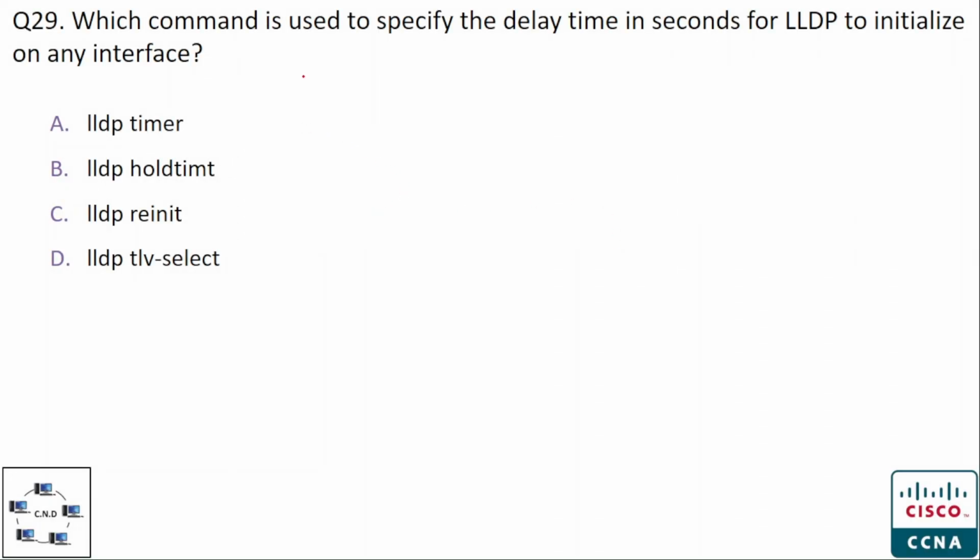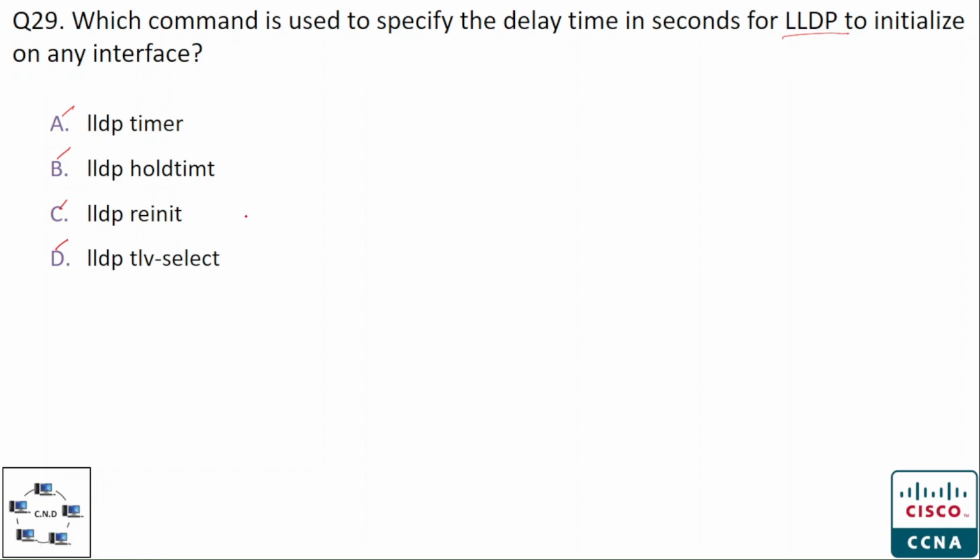Question number 29. Which command is used to specify the delay time in seconds for LLDP to initialize on any interface? And the options are: option A, LLDP timer. Option B, LLDP hold time T. Option C, LLDP re-init. And option D, LLDP TLV-select.